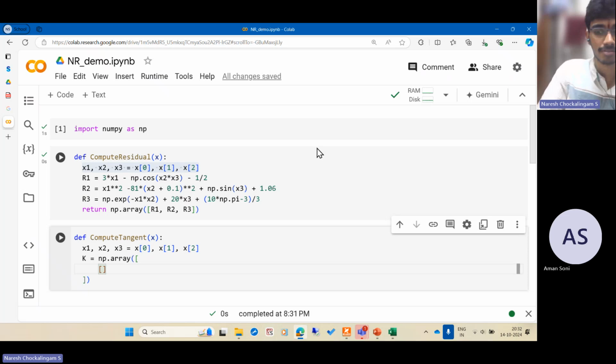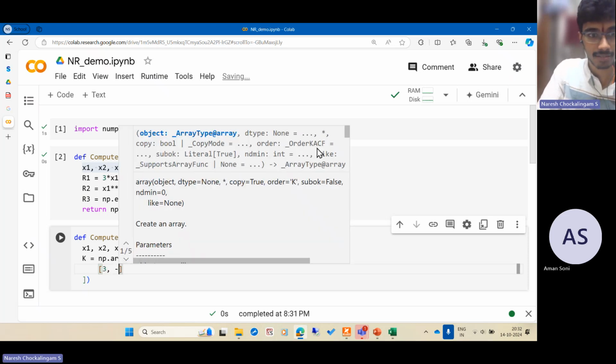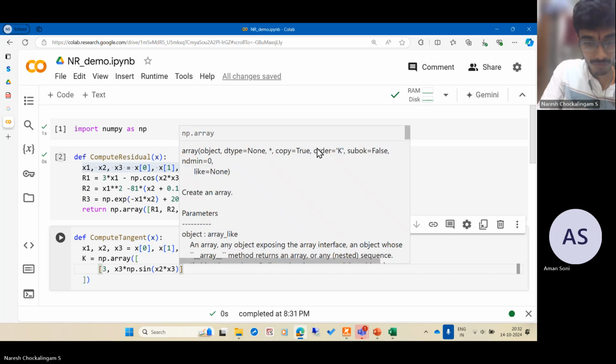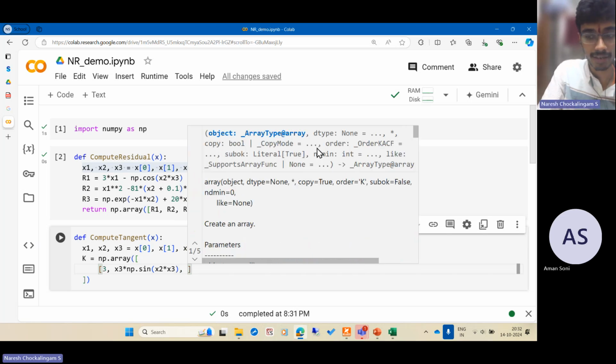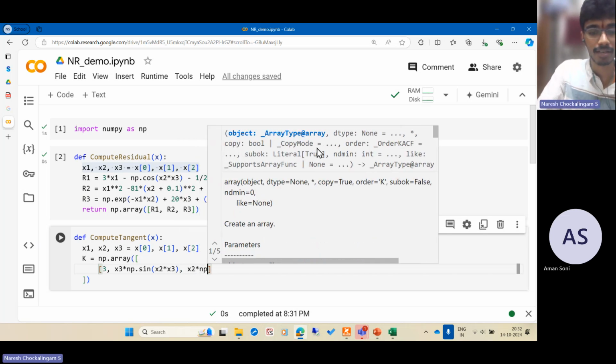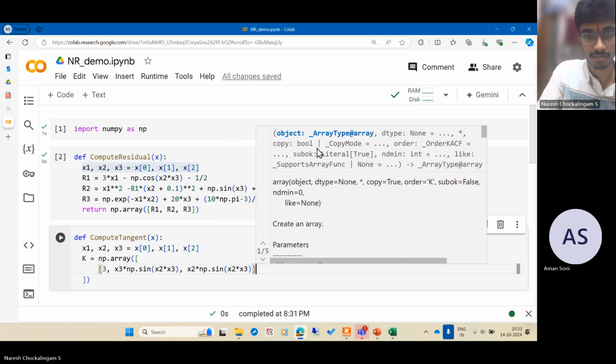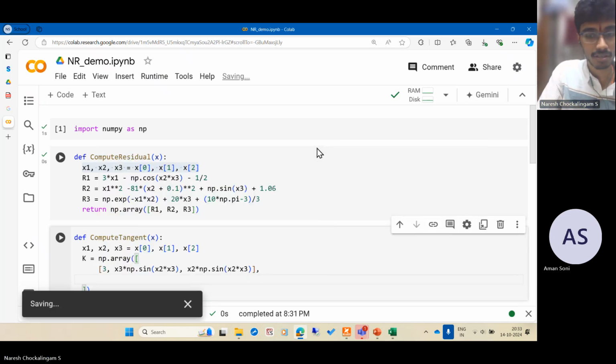So it is 3, minus, so minus cos differentiation is just sine, so x2 star x3 star np dot sine x2 star x3. And the third one is x2 star np dot sine x2 star x3. So this is the first row.